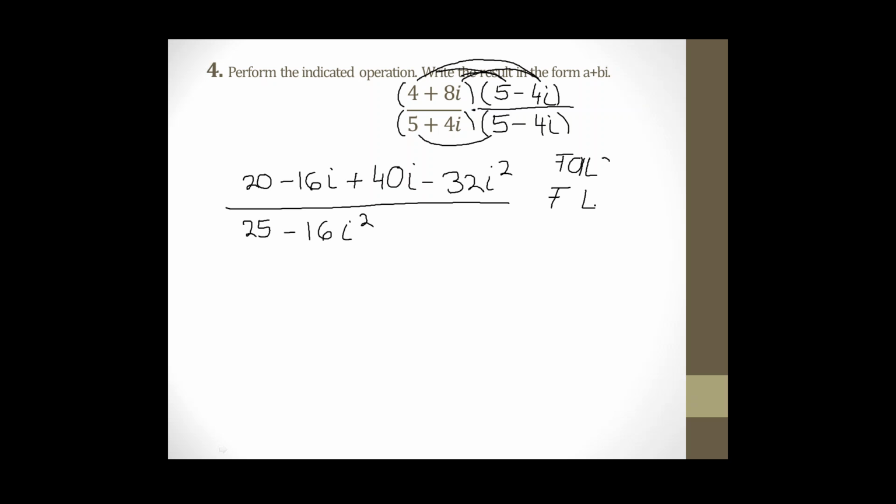If you don't believe me, you can do the whole FOIL, but I promise you in your next step, once you simplify, you will end up with the first and the last terms.